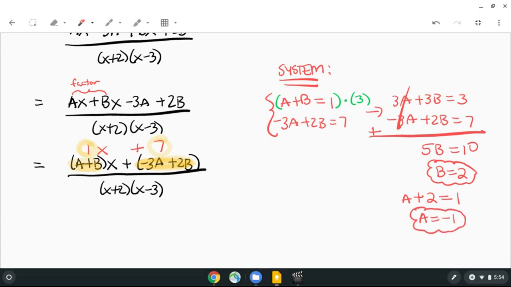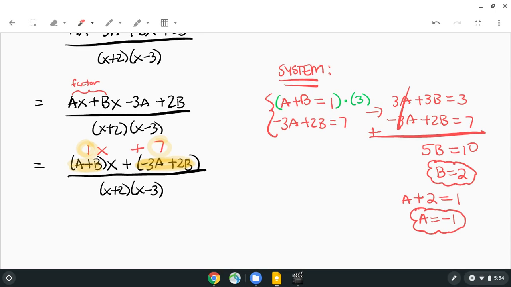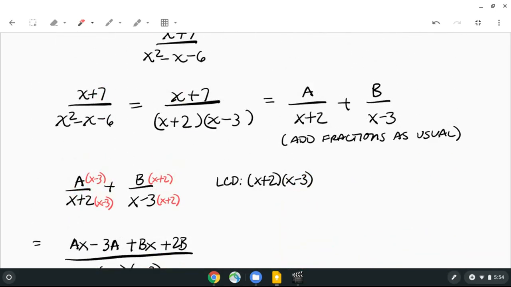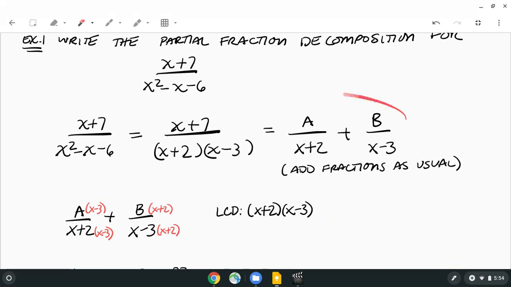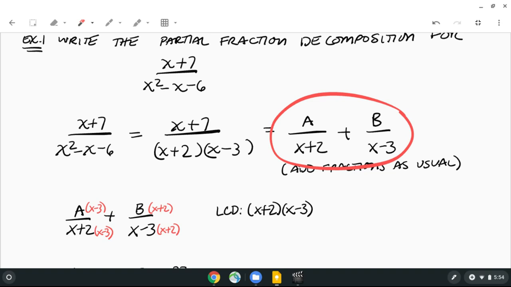All right, so I know my a and I know my b. Going all the way back up to these partial fractions, now I know what they are.